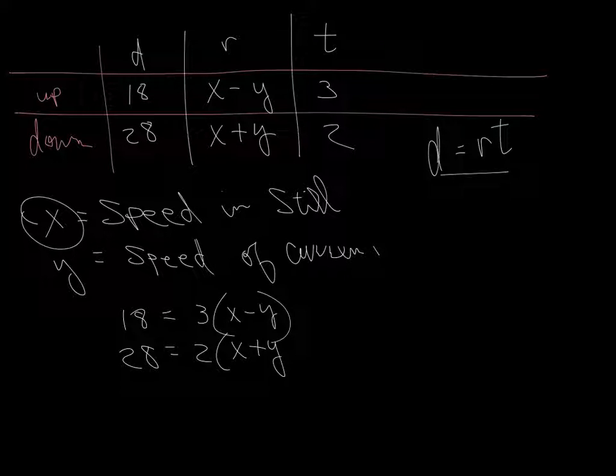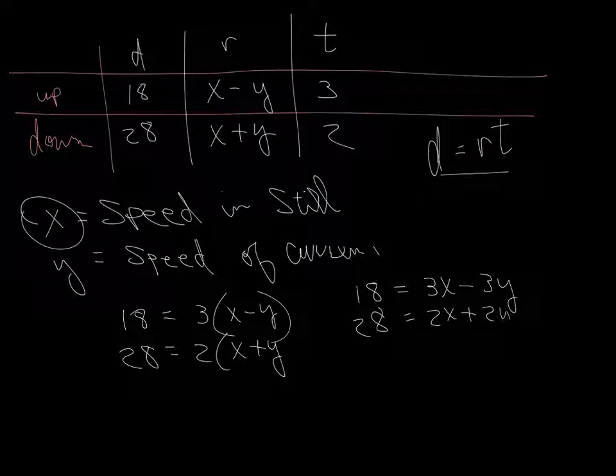alright, so now we have two different equations there. Let's go ahead and do the distributive. Alright, let's get this right. And 28 equals 2x plus 2y.